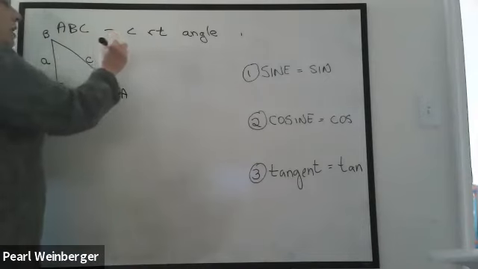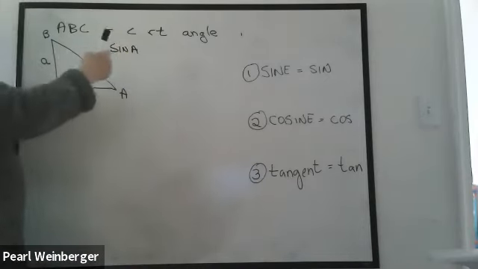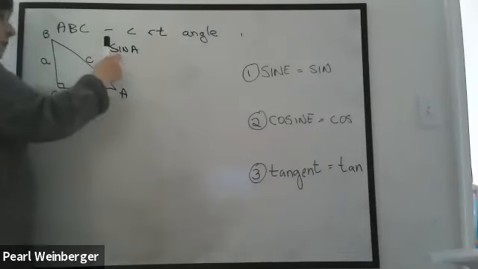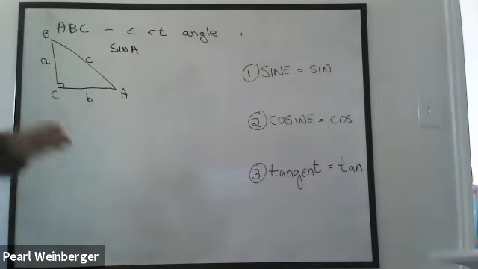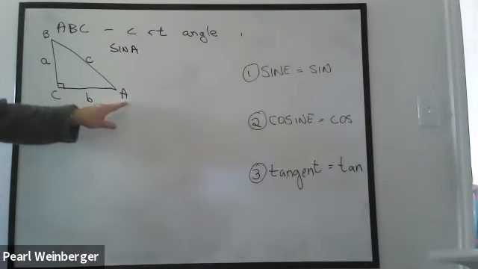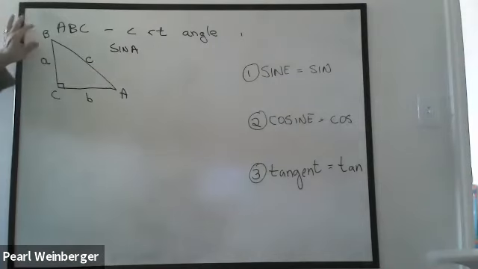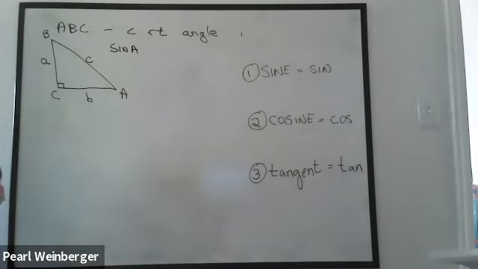The sine of A. Now notice, I'm always going to say sine, and then right next to it put a letter that will be either the angle A or the angle B, because these numbers depend on the perspective you're looking for.